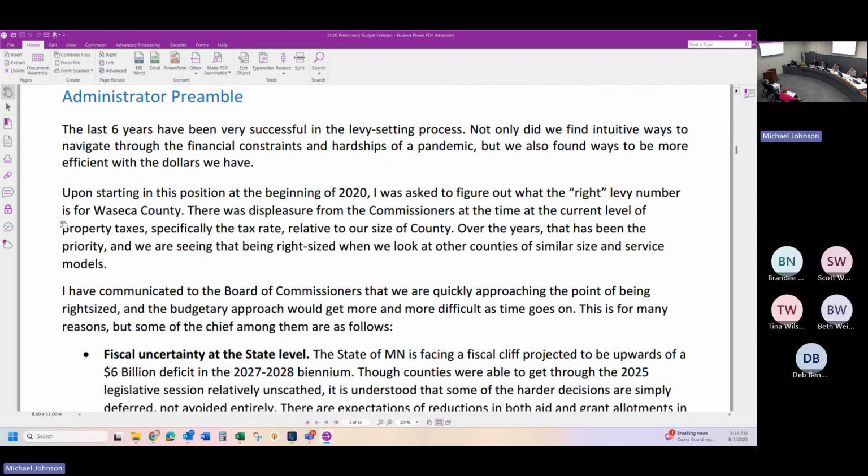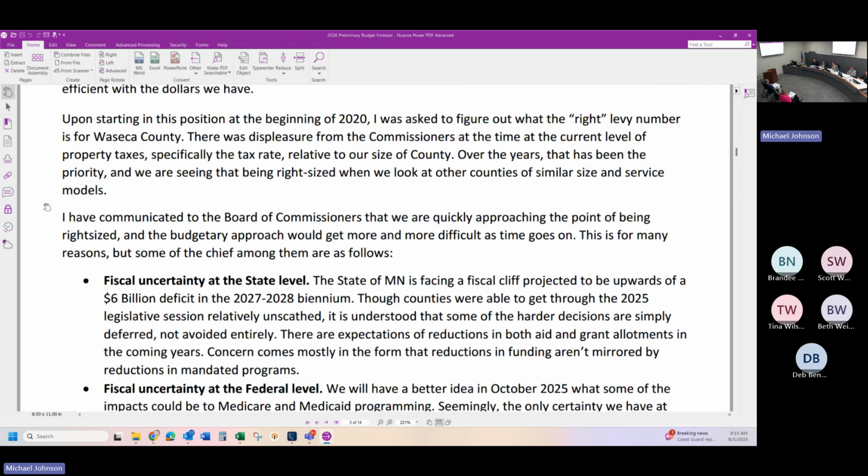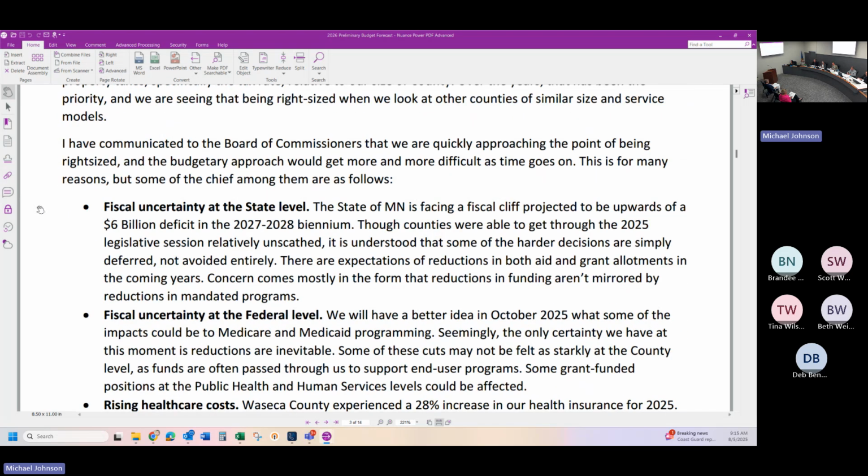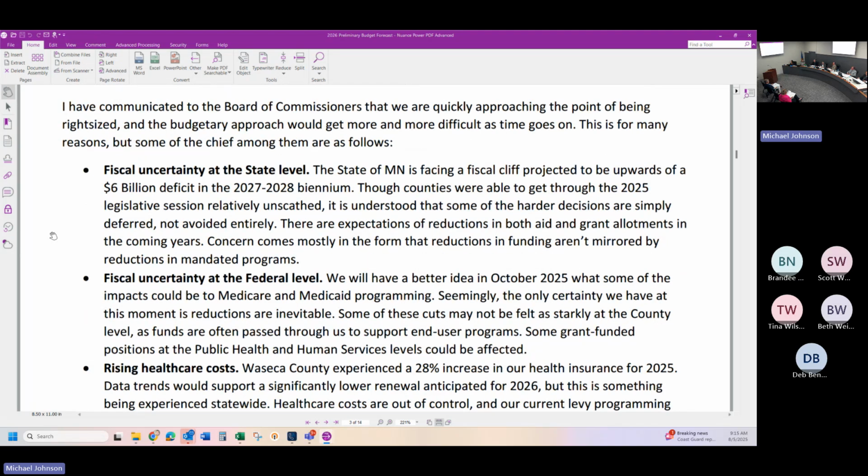I won't read all of this, but I trust that you had the opportunity to peruse some of my summary from where we're at in 2025 versus going into 2026. Certainly some strong themes of fiscal uncertainty at both the state and federal level and how those may drive our costs at the local level.